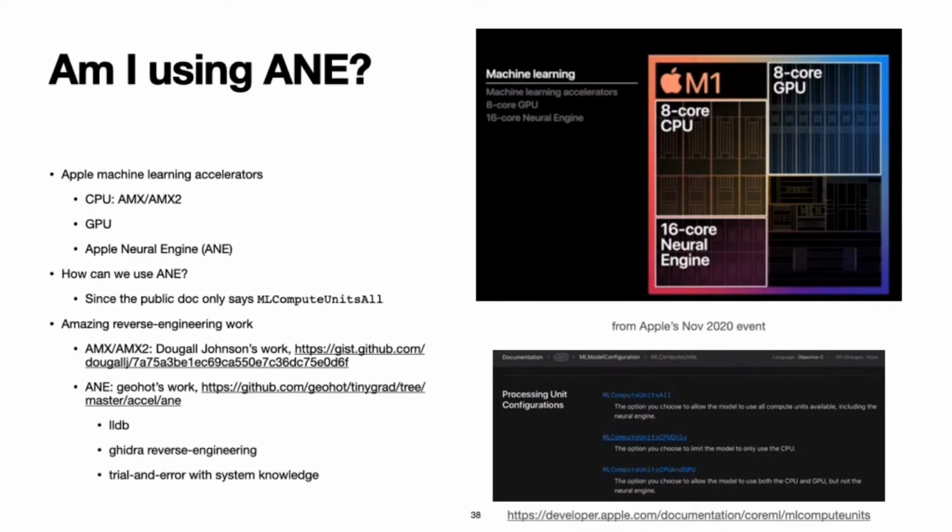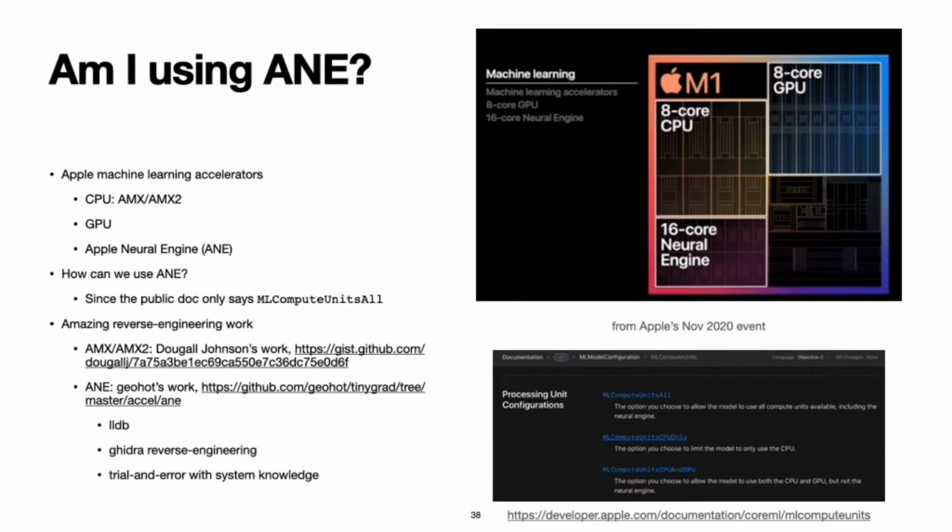Fortunately, the famous hacker geohot dug out a lot of details of the ANE when he tried to use the ANE for his deep learning framework, tinygrad. How did he do that?